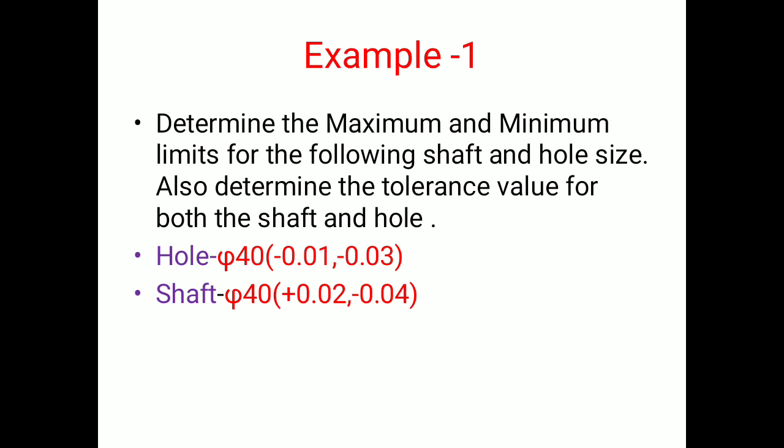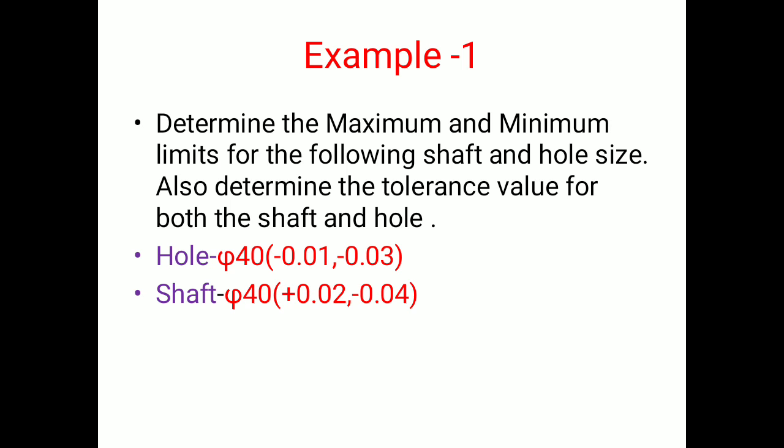As you can see, the dimension of the hole and shaft is φ40 mm. This 40 mm diameter will be the basic size for the hole and the shaft. So the basic size for the hole and the shaft is the same, equal to 40 mm.